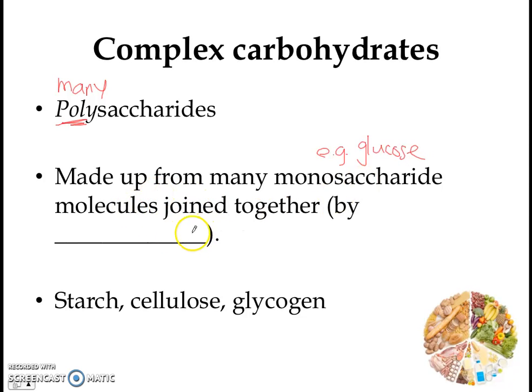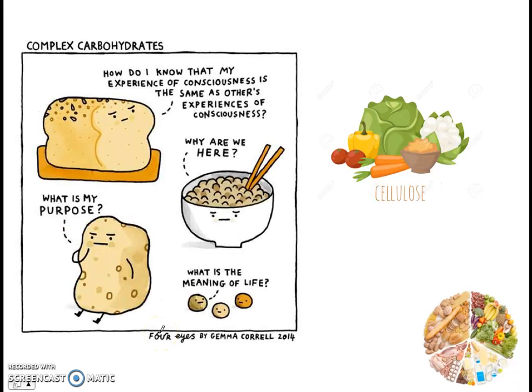What did we just learn? Joined together by condensation. And the three examples of complex carbohydrates which you need to know are starch, cellulose, and glycogen. So of course, complex carbohydrates are complex because they're made up of many smaller molecules.